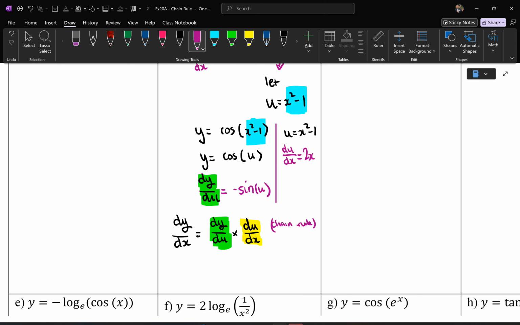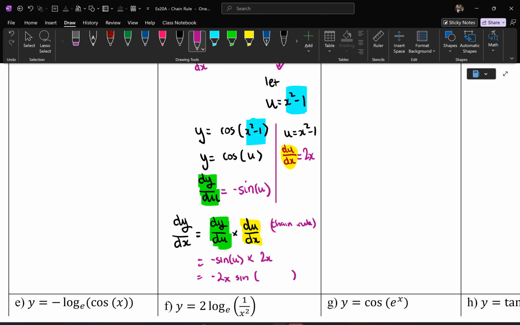So now that we've got delta u delta x, we've got delta y delta u, you put them together. This is now negative sine of u multiplied by 2x. That really is just negative 2x sine. Now we don't leave it in terms of u, because the letter u was something I made up.